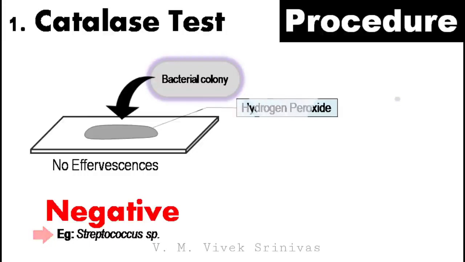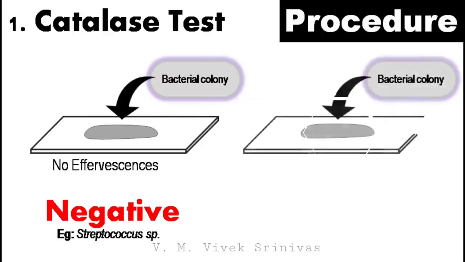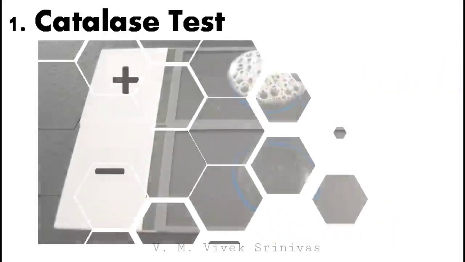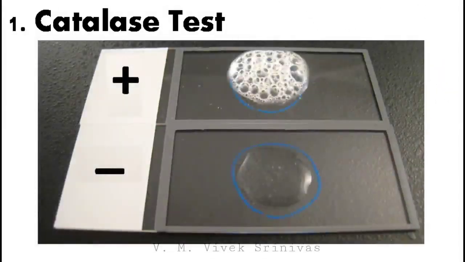In contrast, if the bacterial colony, once emulsified with the hydrogen peroxide, produces bubbles or effervescence, the test is positive. For example, the Staphylococcus bacterial organism is positive for the catalase test. This is the procedure for the catalase test. This is the photograph showing the positive and the negative test results of the catalase test.